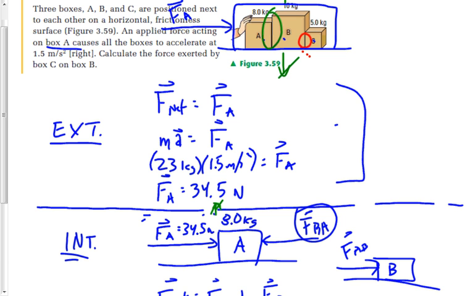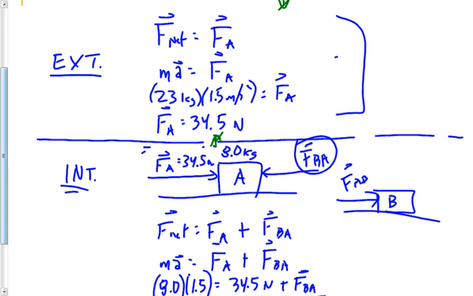Now, how hard you push on the wall is going to depend upon how hard I pushed on you. So therefore, how hard the wall pushed back on you depends upon how hard I pushed on you. So why do we need to take into account FA here when we're only trying to find the force of B on A? Because the value of that depends upon how hard I pushed on object A.